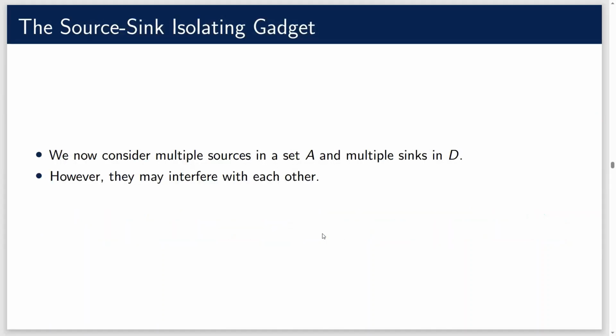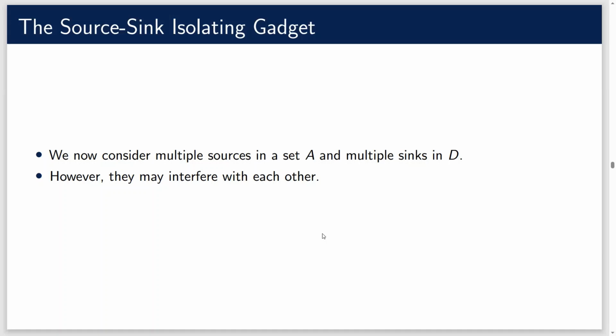Then I will introduce another thing called the source isolating gadget, because the set intersection filter alone is valid for only one source A and only one sink D. However, we now consider multiple sources in a set A and also multiple sinks in a set D. In fact, there may be some paths we don't want to have in the graph.